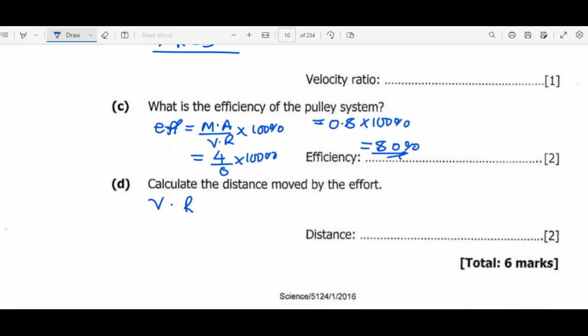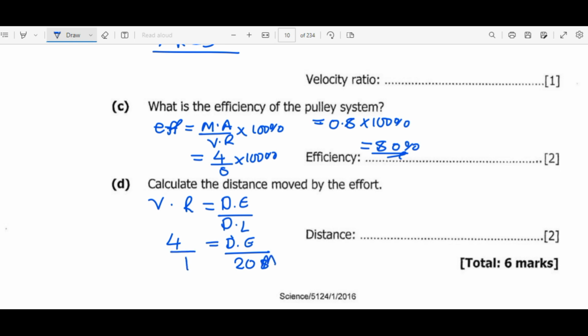Velocity ratio is equal to distance moved by the effort over distance moved by the load. So the velocity ratio is 5. Distance moved by the effort is what we want. Distance moved by the load is given as 20 meters.